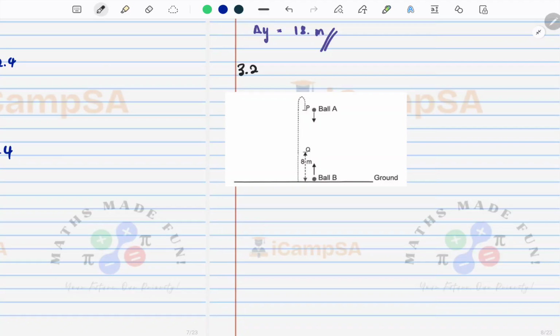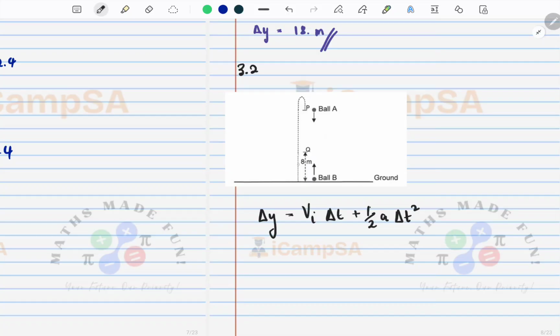Okay, so how do I go? I can say delta Y is equal to VI delta T plus 1 over 2 A delta T squared. Now this is 8 meters above the ground. Remember, 8 meters above the ground.